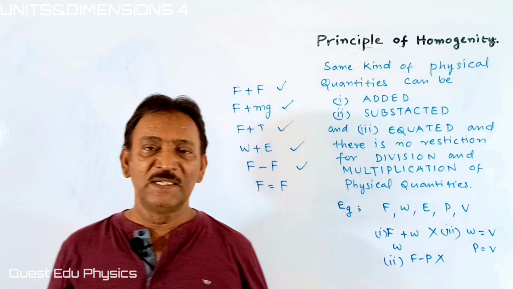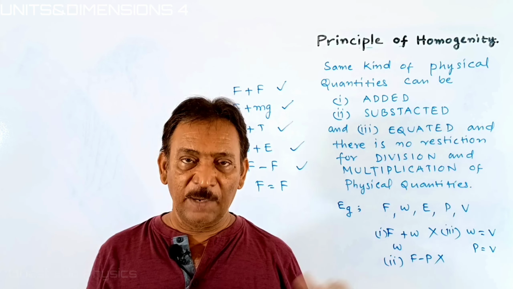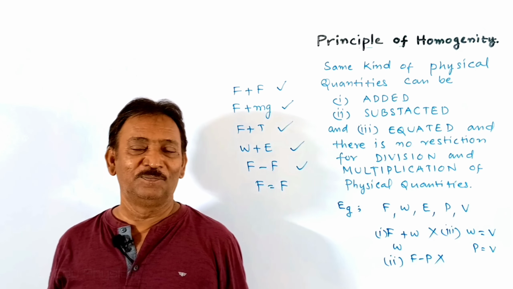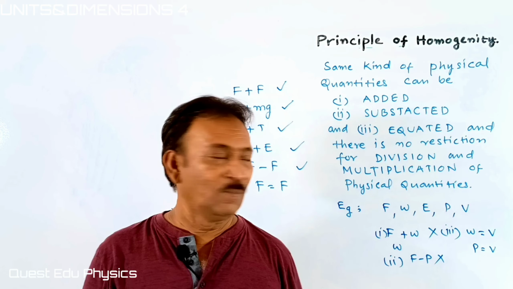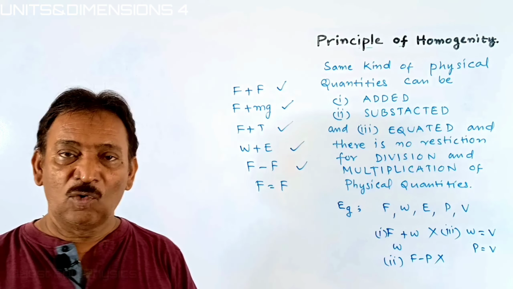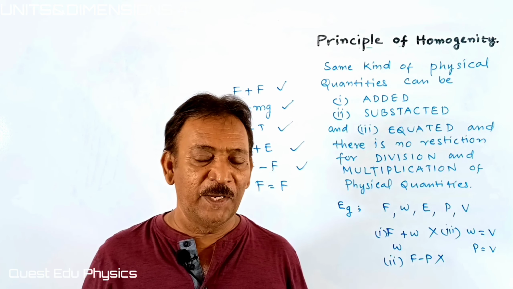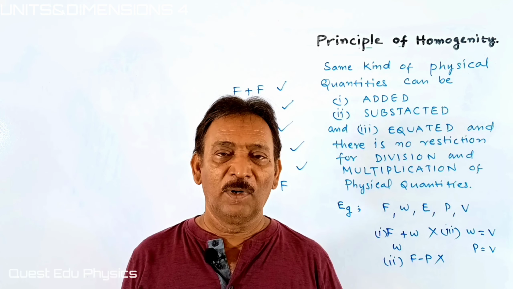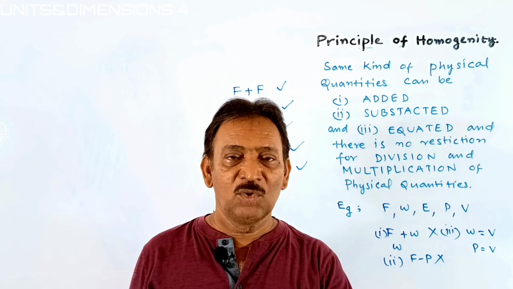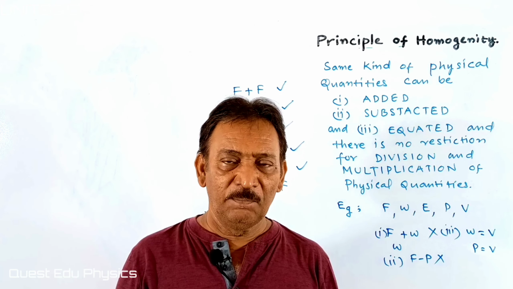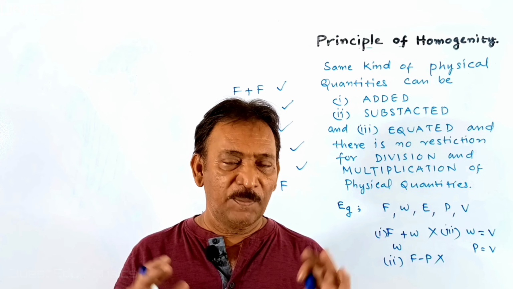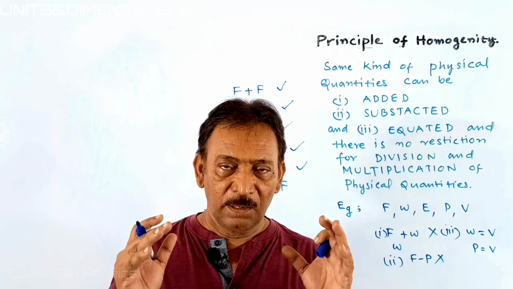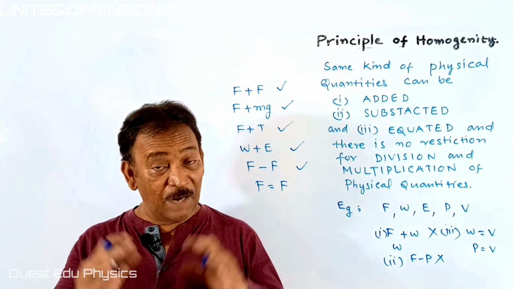Only same kind of physical quantities can be added, can be subtracted, and equated. But you cannot add different physical quantities with each other. I mean, x has to be added with the x only. You can't count x and marbles together, even though they look the same. Understanding, students? Similar physical quantities can be added, can be subtracted, can be equated.